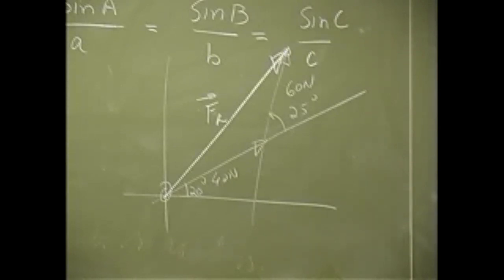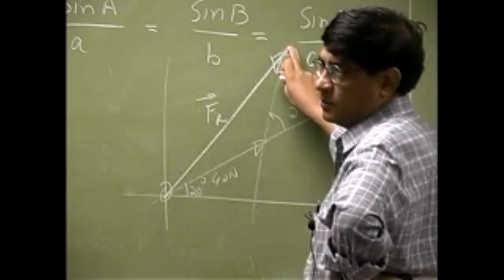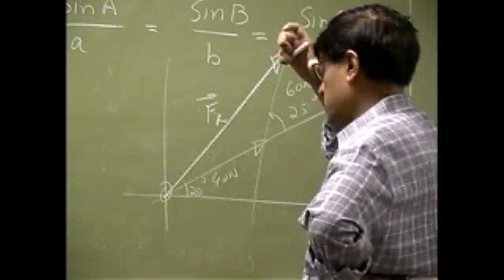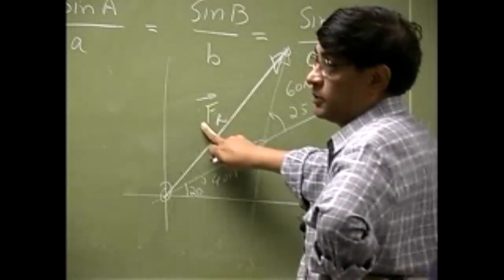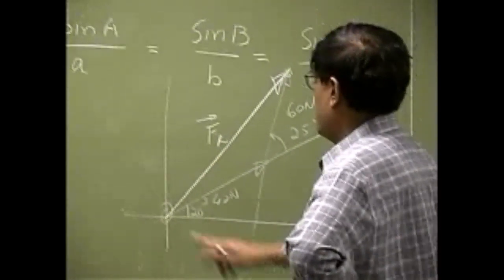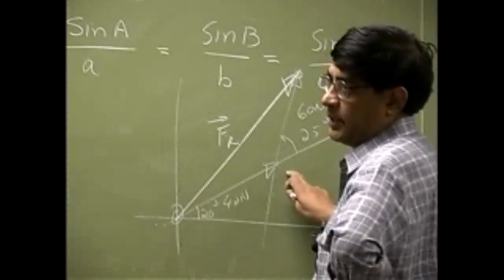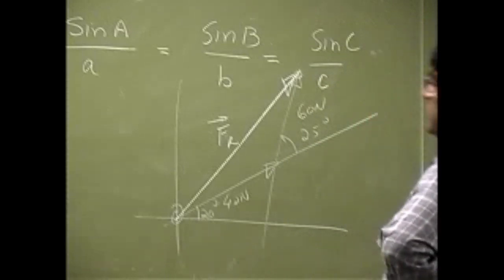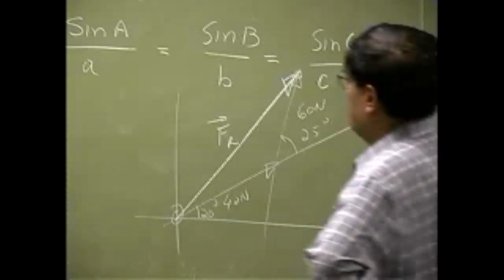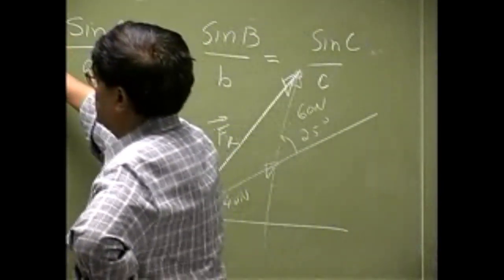Now we want this length, because the length of this arrow is the magnitude for the resultant. We already know this length, we already know this length. This length is going to be 40, this length is going to be 60. So I can use this equation.